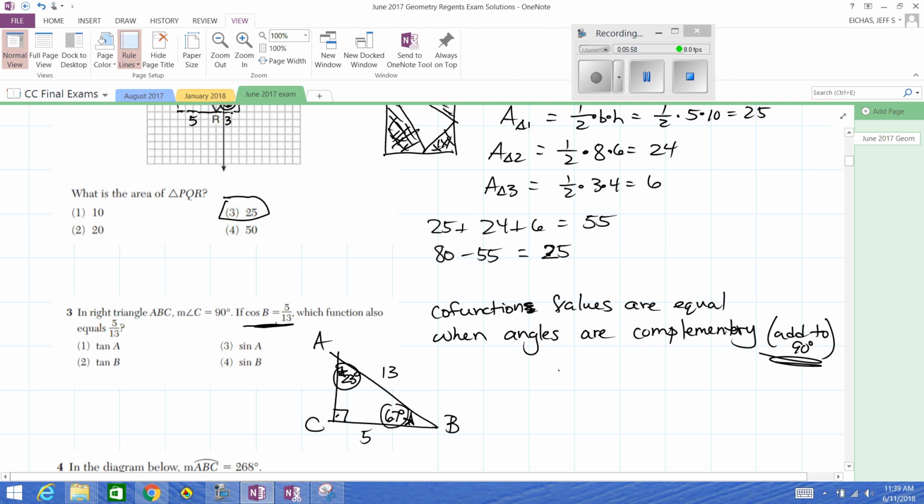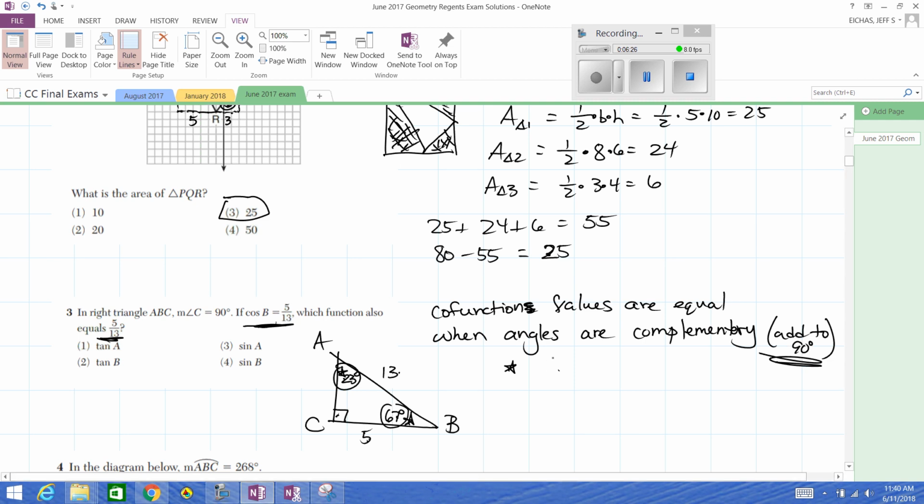So the cosine of 67 is 5 over 13. The sine of 23 should be the same, the ratio of the same two sides. So they should be the same. The shortcut to this problem really was supposed to be, when the angles add to 90, their cofunction values should be the same.